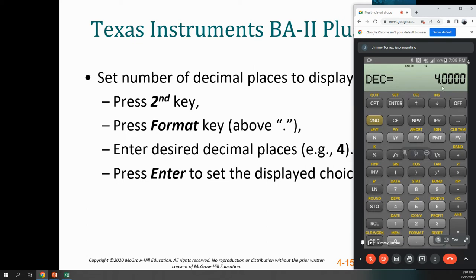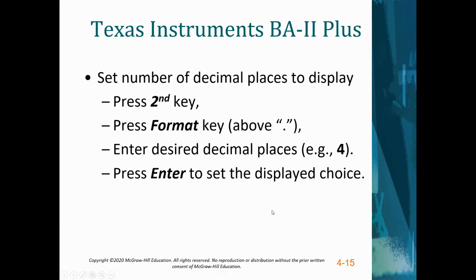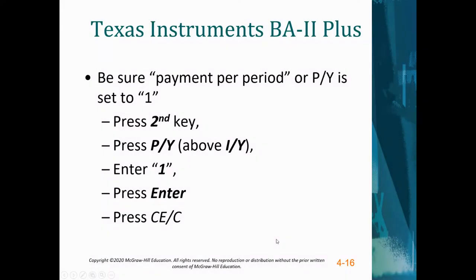In this case, the desired is 4, and then I'm going to hit enter. I keep trying to do it with the button, but the button doesn't work. I'm sorry. I keep doing it on the computer instead of my cell phone, which is transported onto this recording.